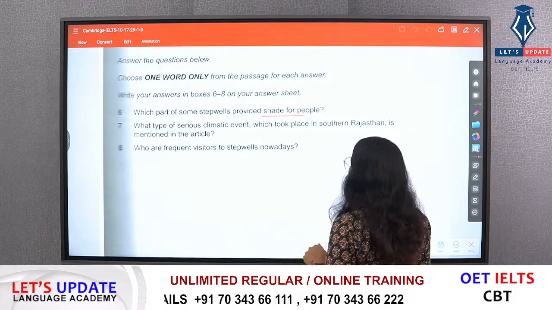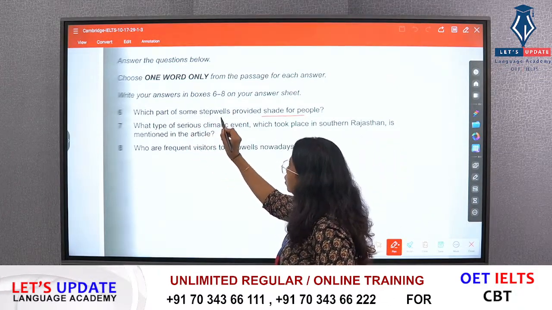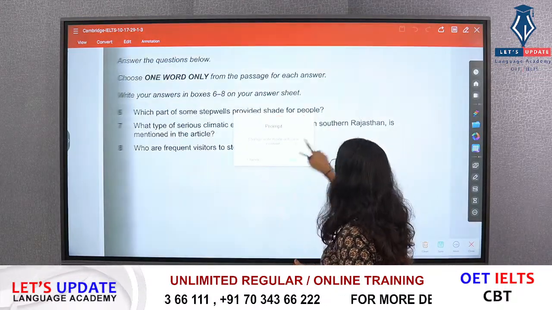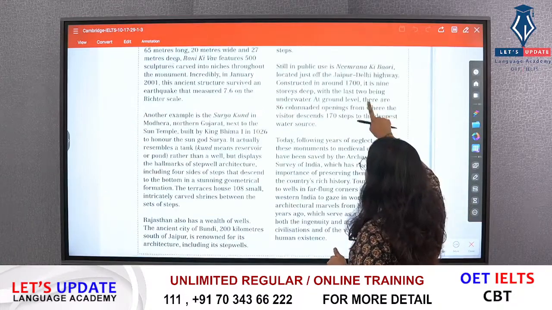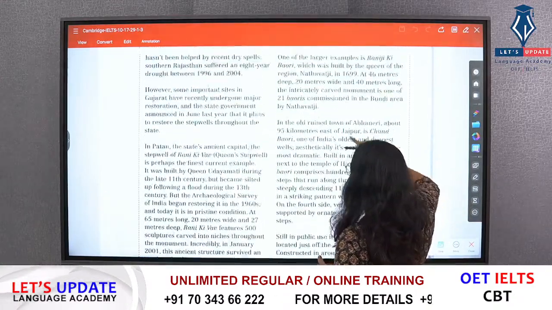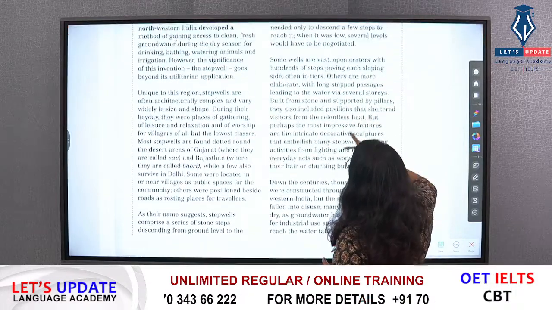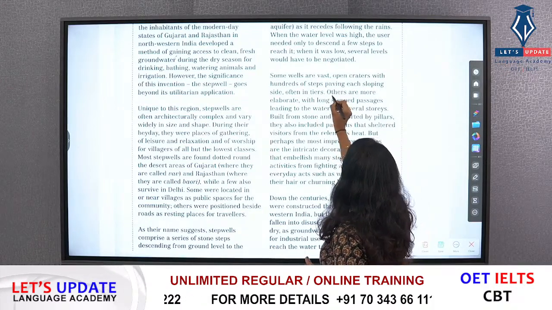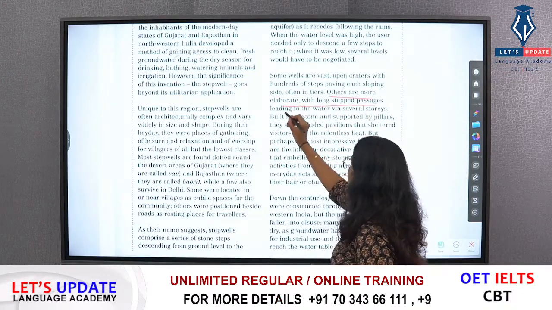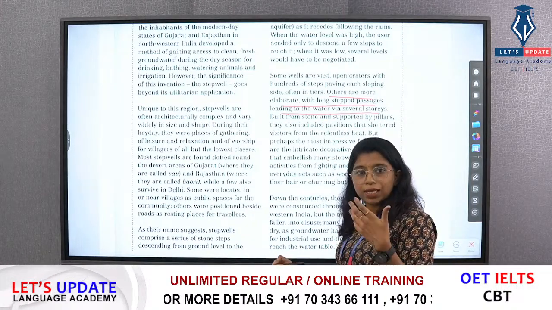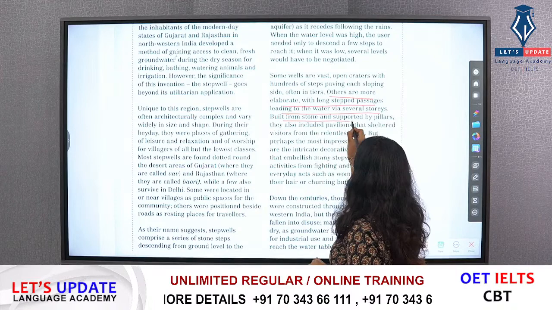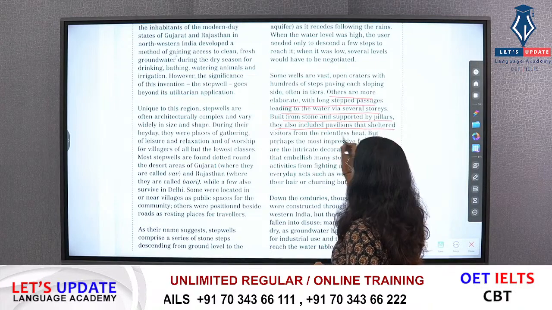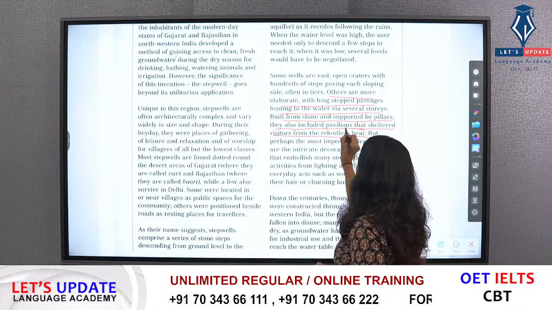Okay, we'll move to the passage. Which part of some step wells provided shade for people? We can look for synonyms or sentences with the same meaning. In paragraph 4, we can see "others are more elaborate." So they were discussing the different features of these step wells. Built from stone and supported by pillars, they also included pavilions that sheltered visitors from the relentless heat.